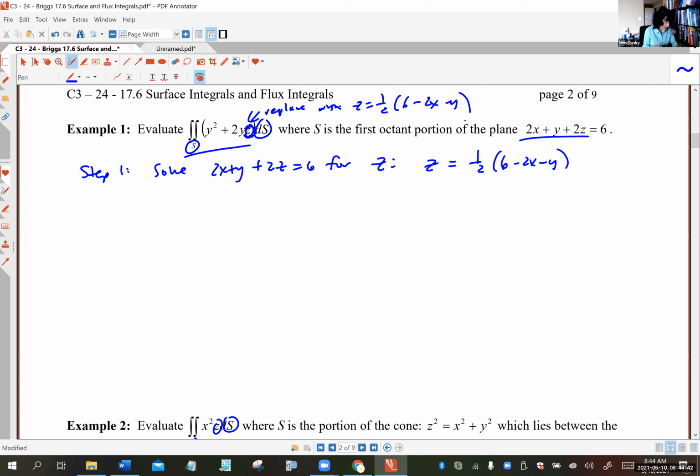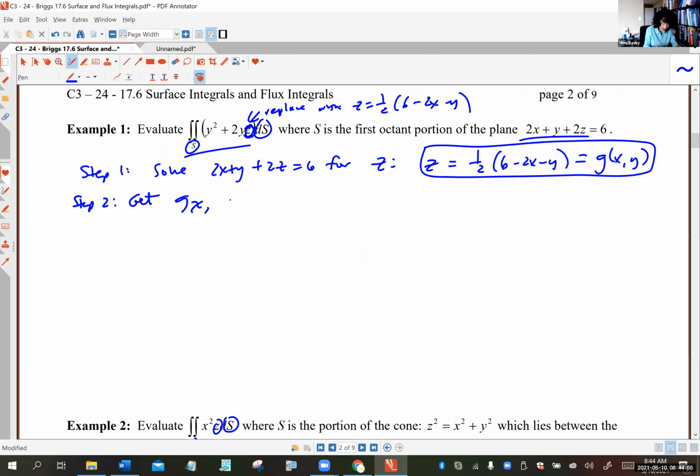Okay, so then what? The next thing is that we need to get, since this is really the g right here, let me just label him. He's the g. So step 2, get little gx and little gy. That's easy. Take the partial with respect to x of the surface, which is just a plane.